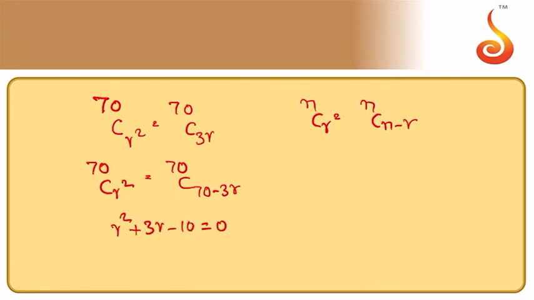Again we know nCr is the same as nC(n minus r). So we write 70C(70 minus 3r) is equal to 70C(r square). So r square plus 3r minus 10 is equal to 0. So this will be (r minus 5)(r plus 5)(r minus 2) equal to 0. From this we get r is equal to 2.